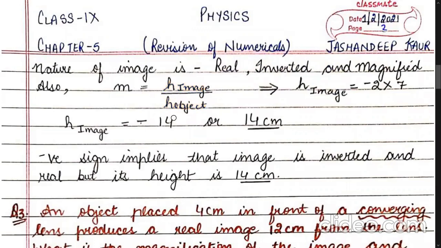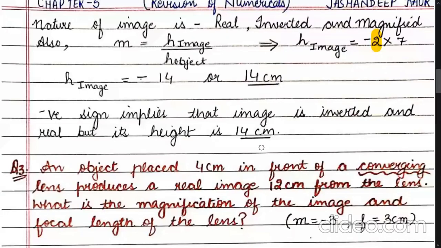So what will be height of image? So we will use magnification is equal to height of image divided by height of object. And height of image will be equal to magnification multiplied by height of object.